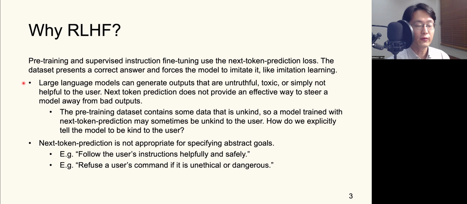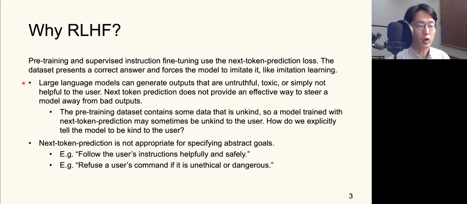For example, if we want to give these instructions to the model, something like follow the user's instruction helpfully and safely. Another possible instruction would be refuse a user's command if it is unethical or dangerous. How do we specify this through next token prediction? How do we teach this kind of behavior through next token prediction? It's very difficult.